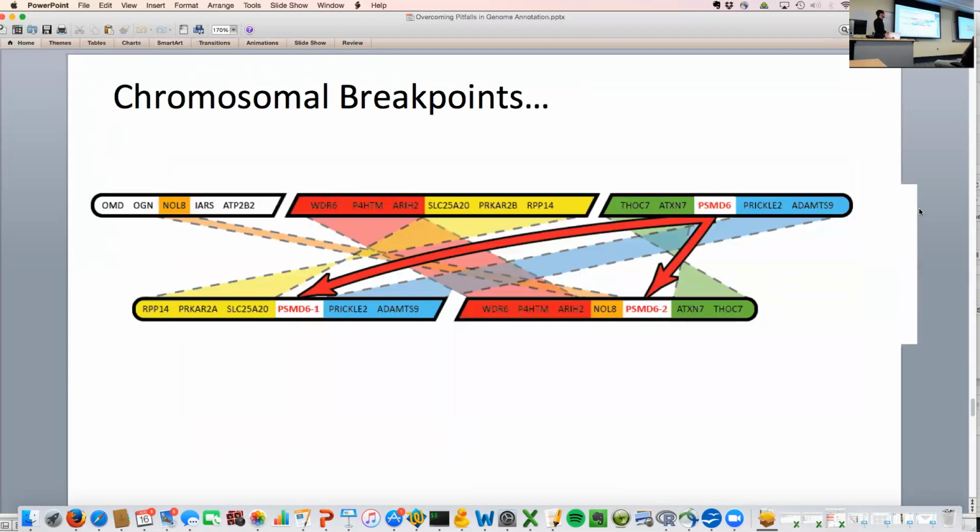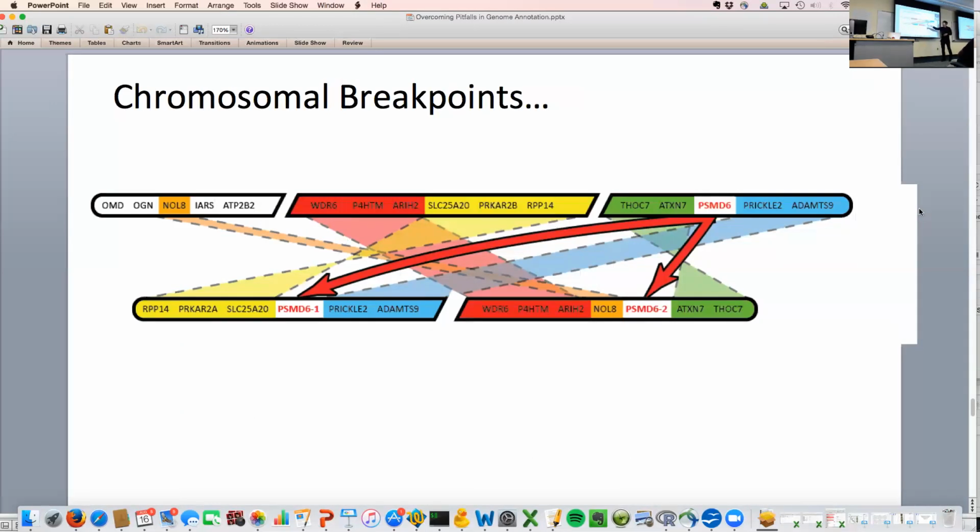And so sometimes you'll get these chromosomal breakpoints that confuse things, but even then, you'll usually have synteny on one side. So this is from a parrot genome paper I'm publishing soon, where we have a gene duplication that happened at one of these breakpoints. And as you can see, if you compare, this is finch, and this is budgerigar, but it's the same in all parrots.